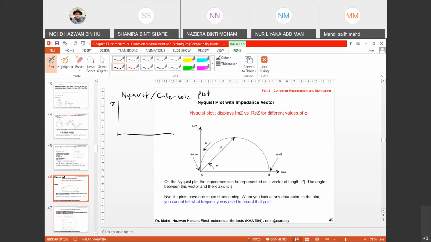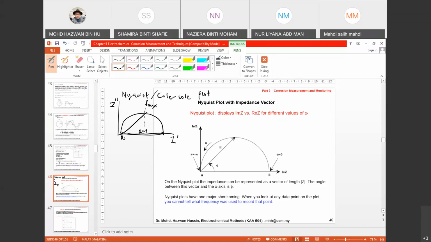It is plotted as Z double prime against Z prime, imaginary against real. Imagine that you get a semicircle like this. As I said, from the origin to the first point is your RS. The diameter equals the RCT value. From the first point to the midpoint is your maximum frequency, F max.